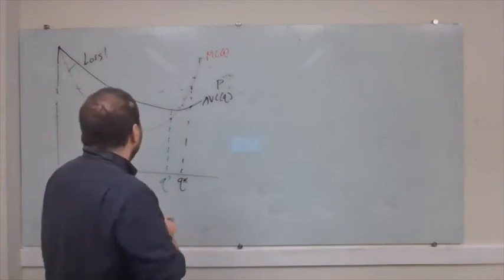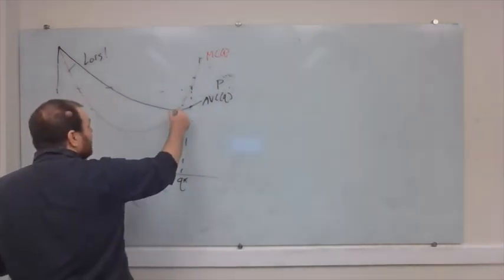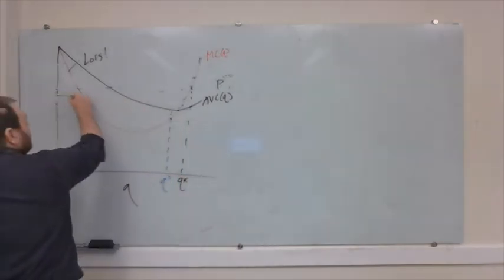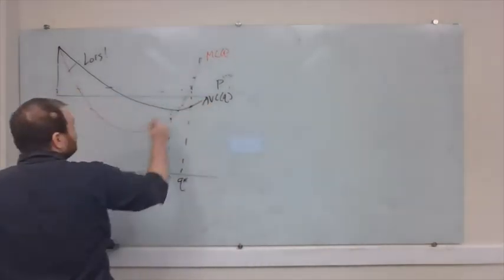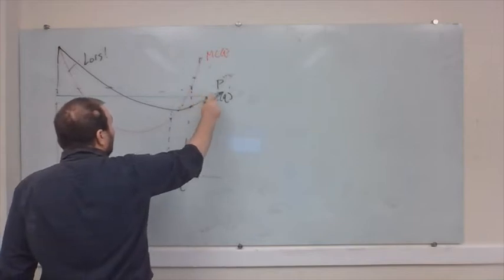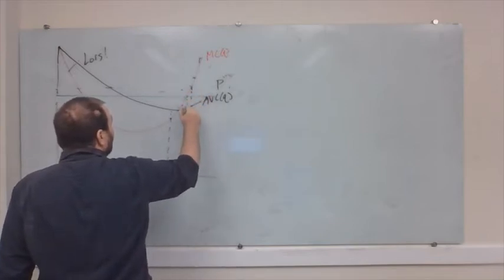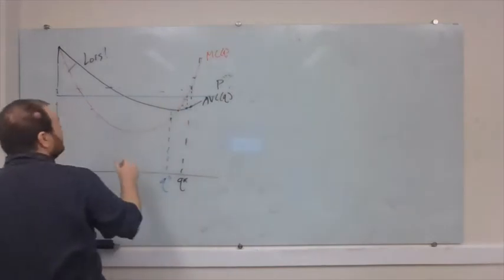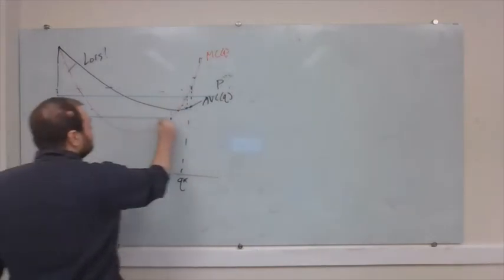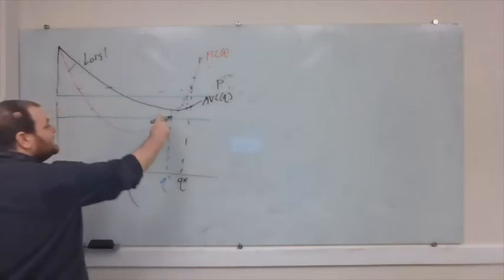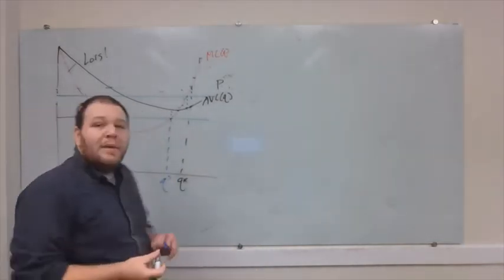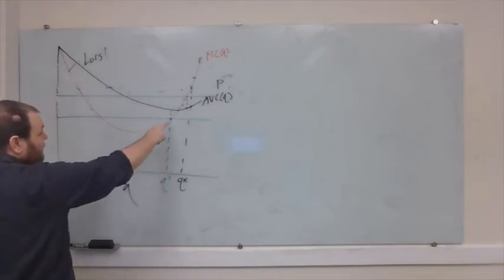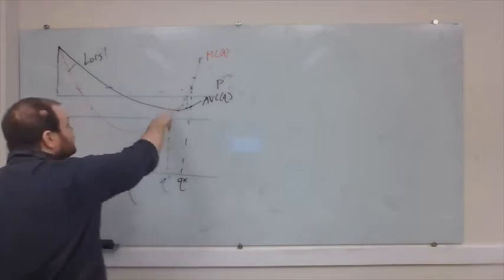In other words, any price above here, we're going to be willing to produce, because when calculated at our point where marginal cost equals price, average variable cost is going to be below our price. But any price below that, like this one, we're going to say that it's not worth it to produce. Because if we were going to produce, we'd produce at Q prime. But at Q prime, the average unit is bringing in less revenue than it's costing us.